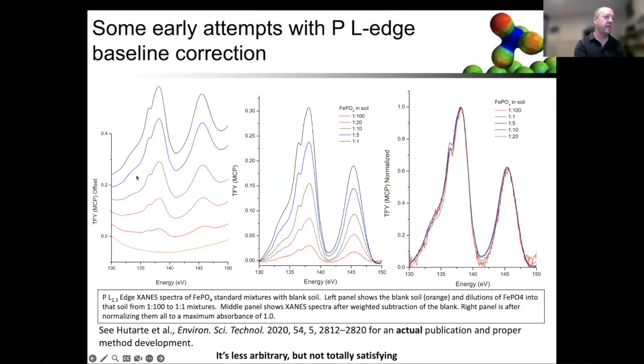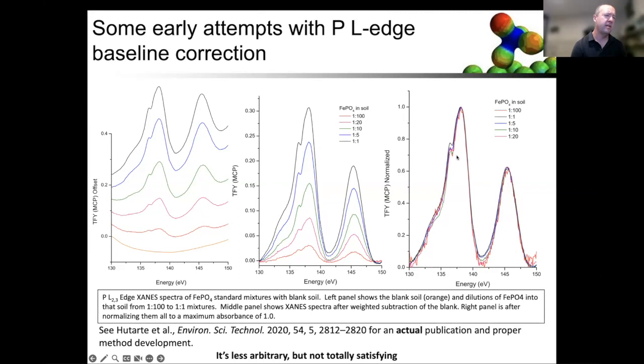This is what the raw data looks like. And then we moved the intensity at the low end to be equal to the sample and then subtracted it out as a ratio. And when doing that, you get a reasonably good calibration curve. And when you normalize all these, you get a reasonably good alignment.